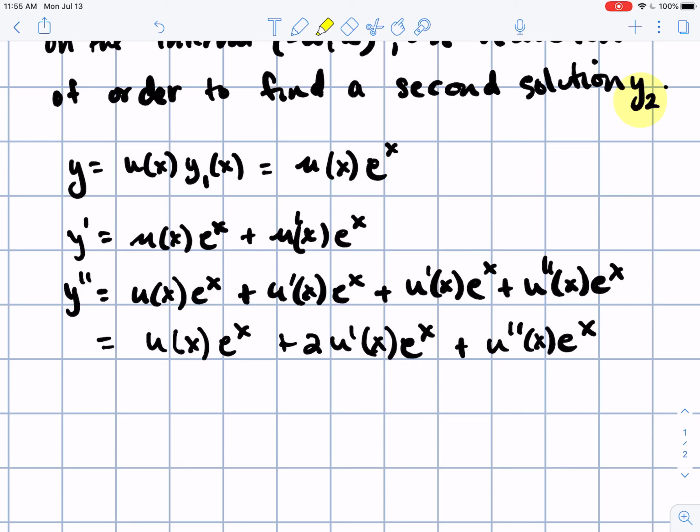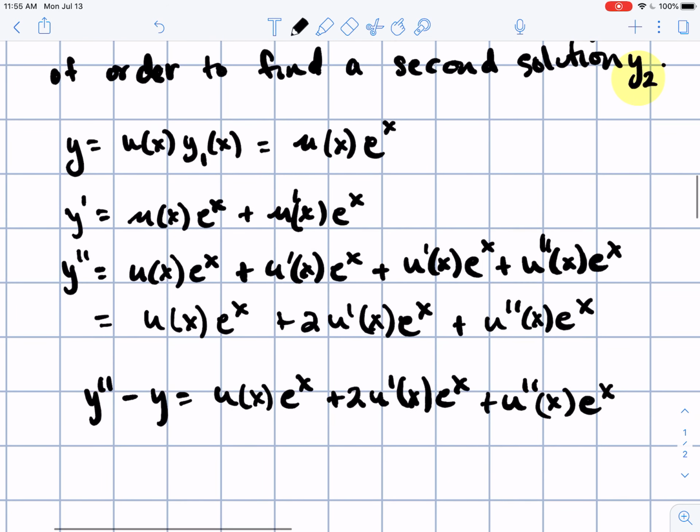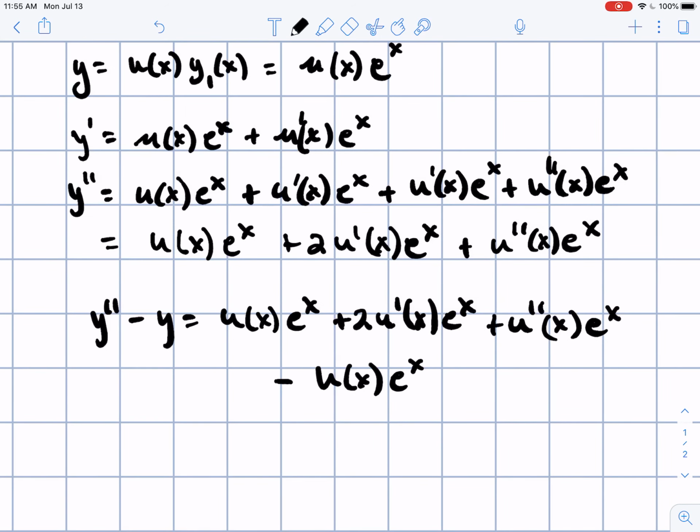So if I replace those, y double prime was u of x e to the x plus 2u prime of x e to the x plus u double prime of x e to the x, and then minus u of x e to the x, and that's going to give us, cancels, right?